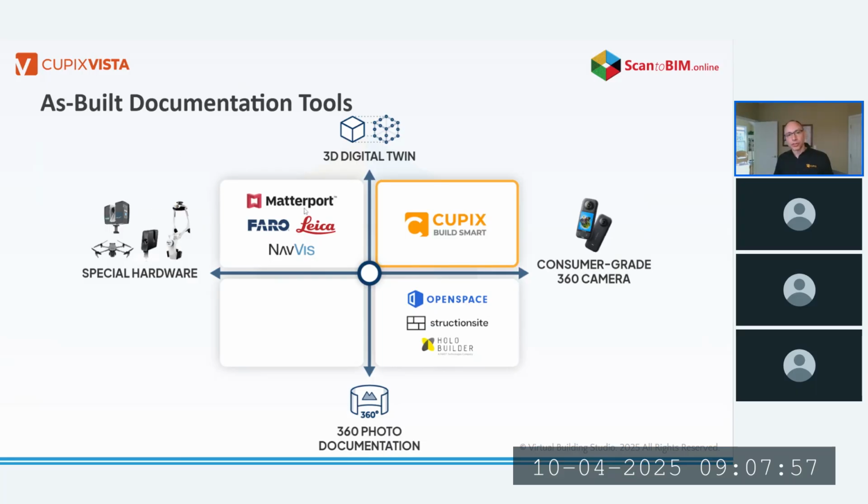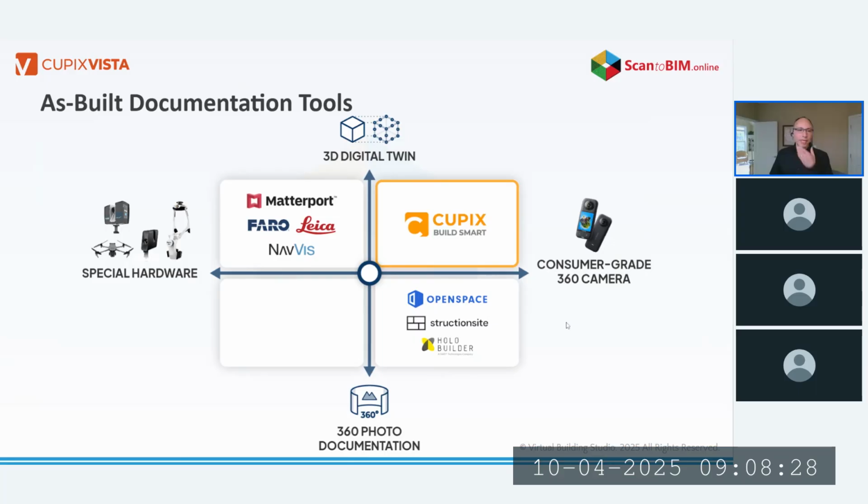And all these solutions work with software that you also have to add to get to your digital twin. On the other side of the spectrum, you have these 3D documentation tools, which mainly just use simple photography or 360 cameras. And there's a bunch of software that does construction progress tracking and construction management, really just with photography, where you can look at where were we Monday and where are we the next Monday, and compare photos.